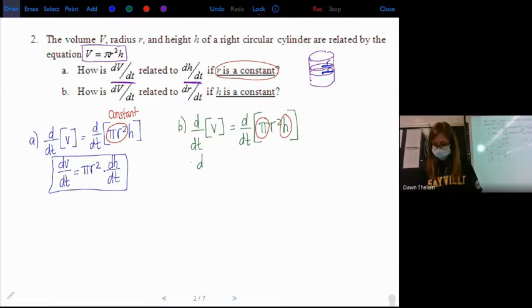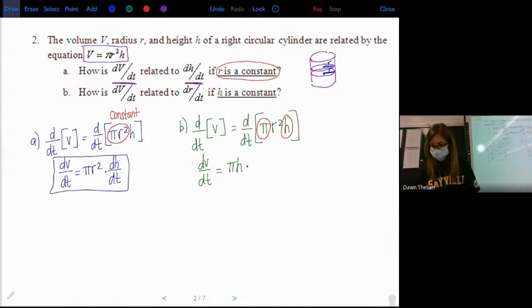So dV/dt, let's pull the pi and the h to the front. Now we're taking the derivative of r squared, so we first start with the power rule, 2r, and then dr/dt.